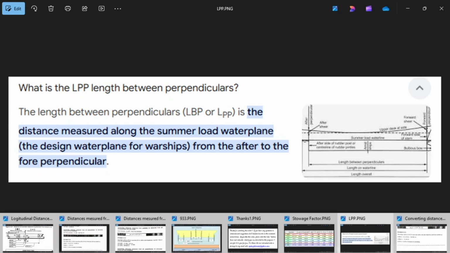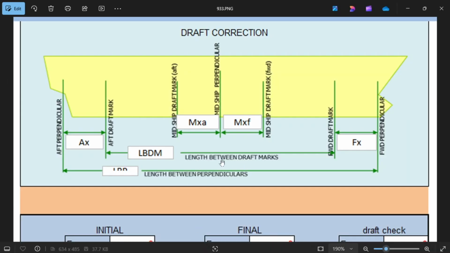Then this will be your forward perpendicular, and you have a draft mark here, forward, right? So the distance between your forward perpendicular and your draft mark is what you call the forward correction.